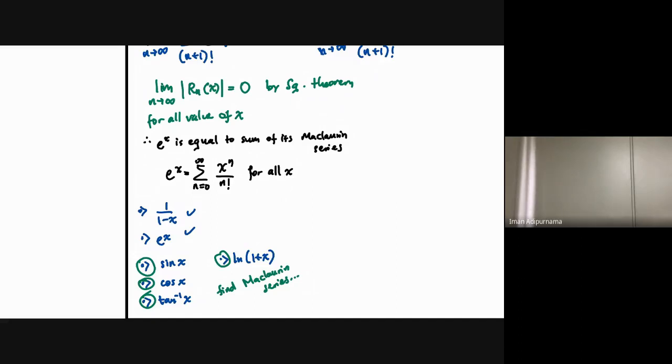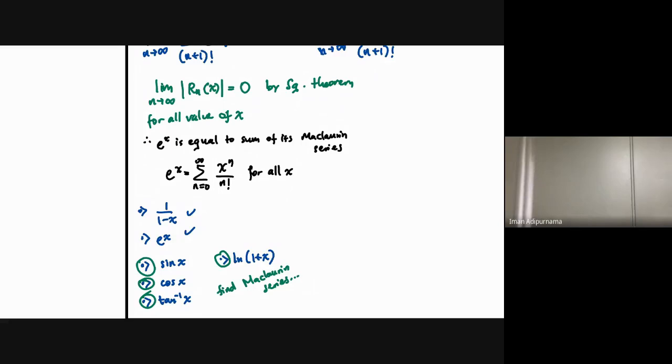Your question or problem in the textbook is maybe composed of these functions. So maybe it's multiplied by x or multiplied by x squared. But the basic formula is from these 6 functions.